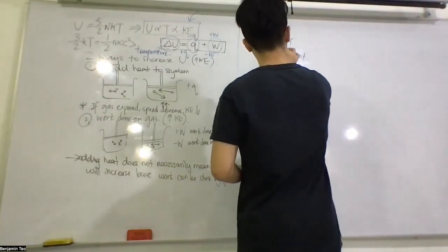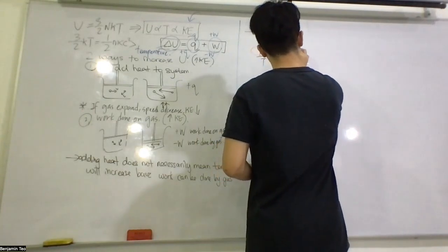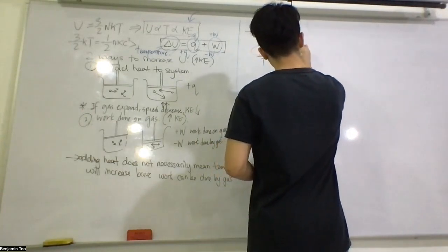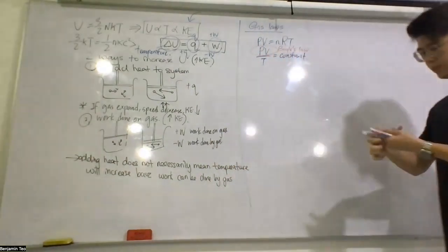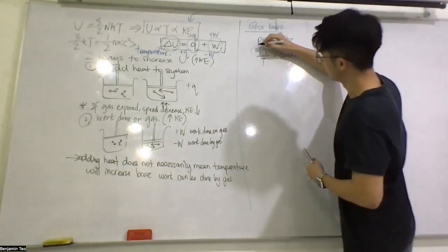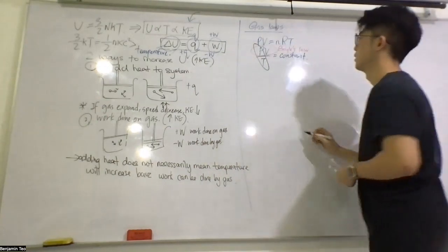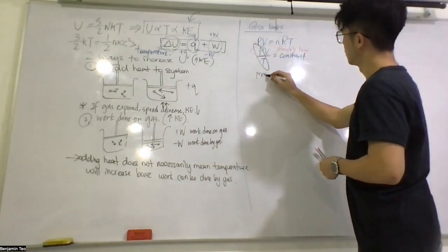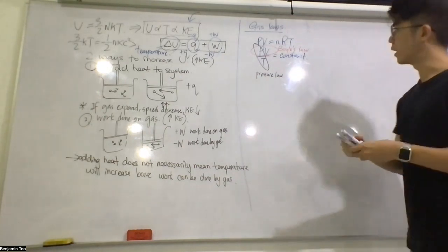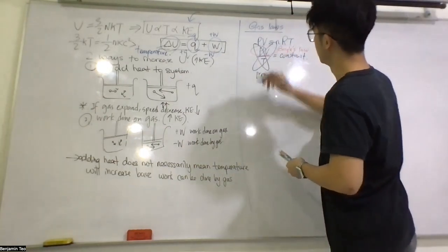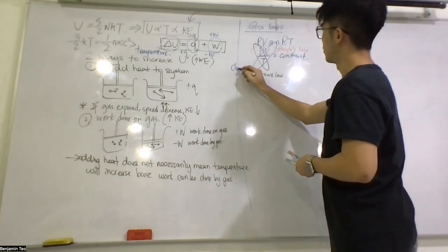Now, PV over T is equal to constant. This one is Boyle's law, which is the PV. If I do the diagonal, this one is the pressure law, and if I do this diagonal, this is Charles.